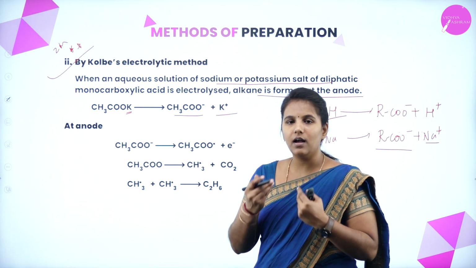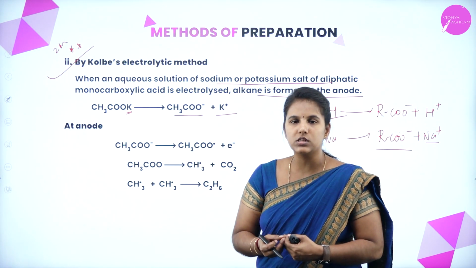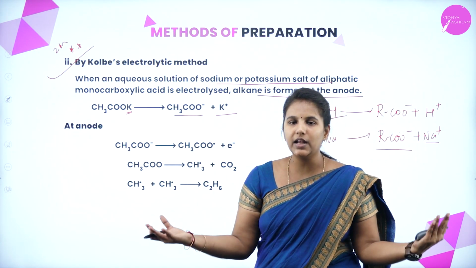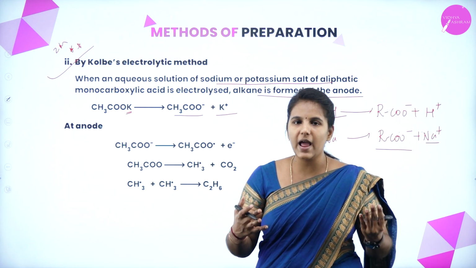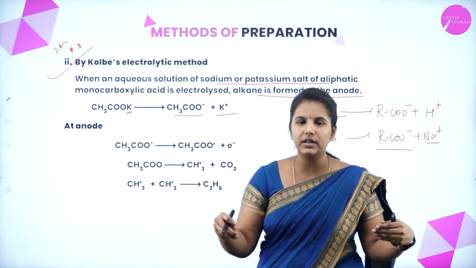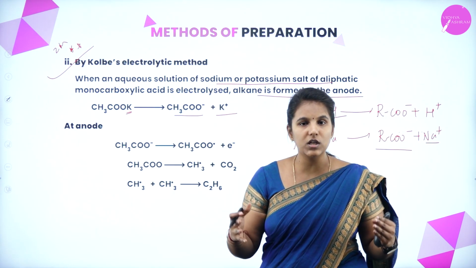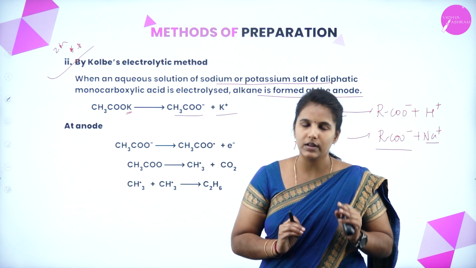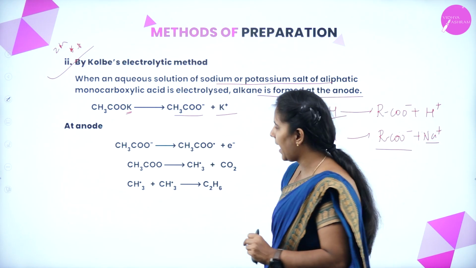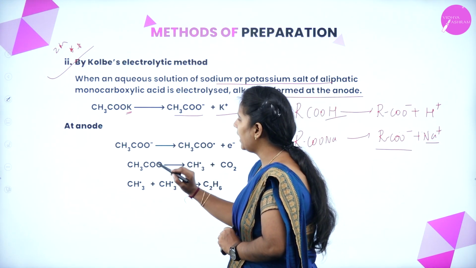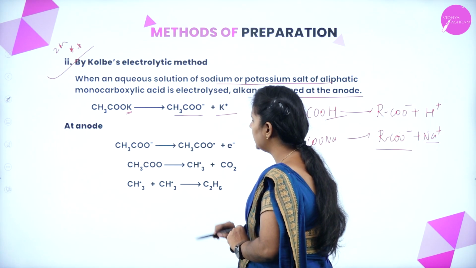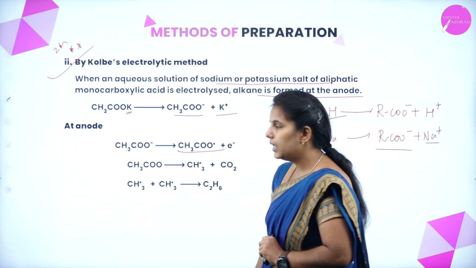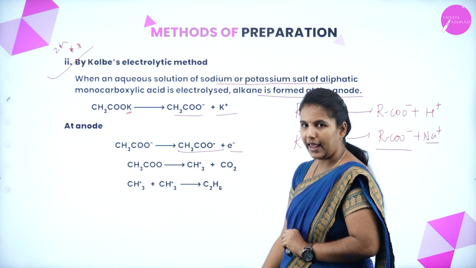So, when you take the aqueous solution of the sodium salts or the potassium salts of carboxylic acid, and you apply the electrical field, what will happen? The ions will dissolve in the solution and form cations and anions, and these cations and anions go to the respective electrodes. Is it right? At the anode, what will happen? We know that at the anode, CH3COO minus gives rise to the CH3COO radical by losing one electron.